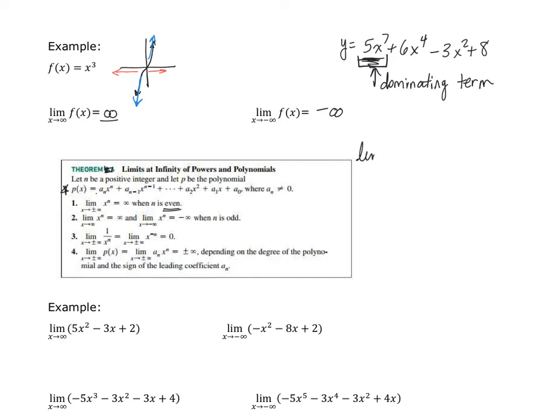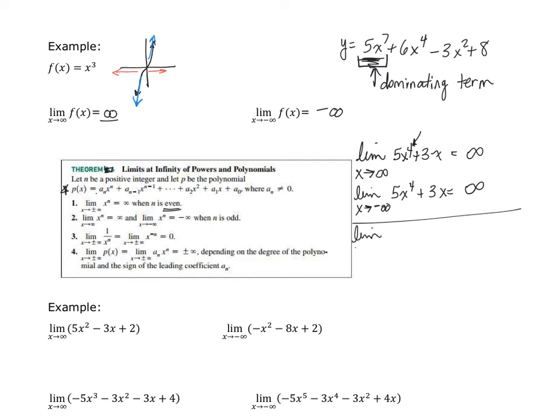If you take the limit of 5x to the 4th plus 3x as x grows arbitrarily large, since I'm raising it to an even power, I know I'm going to get positive infinity. Even if I was going to negative infinity, because the power is even, we're multiplying an even number of times, we'll get positive infinity.